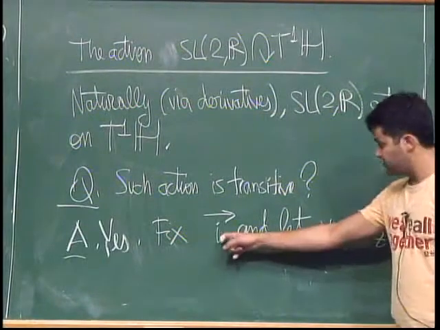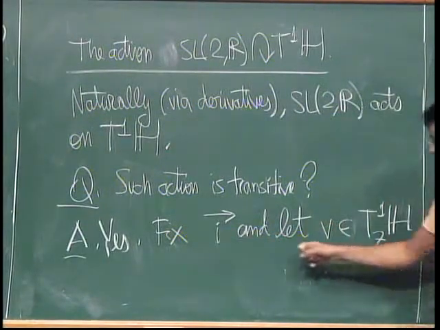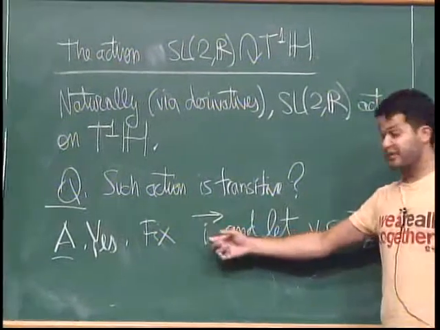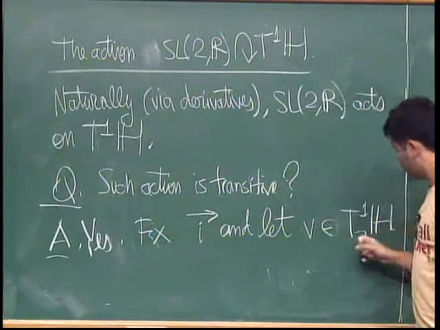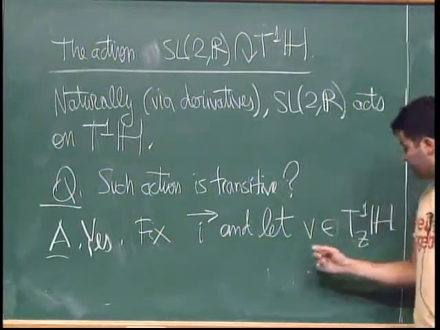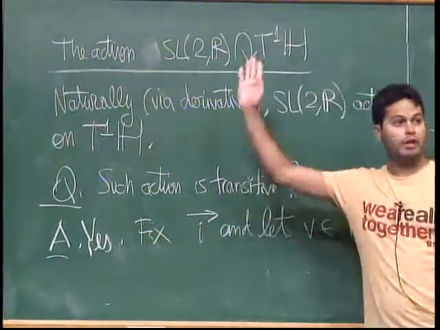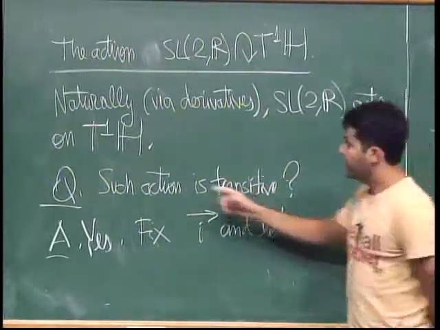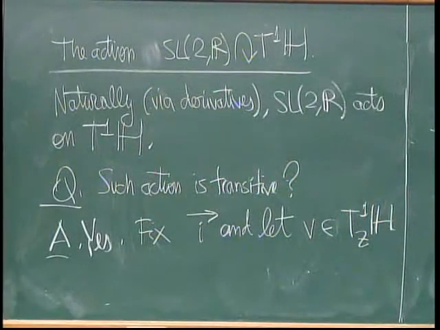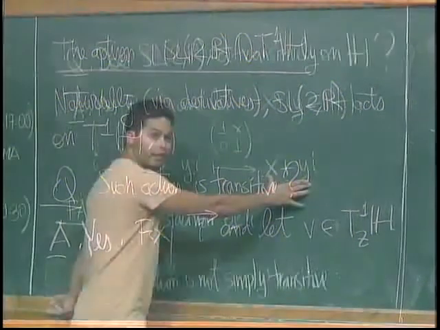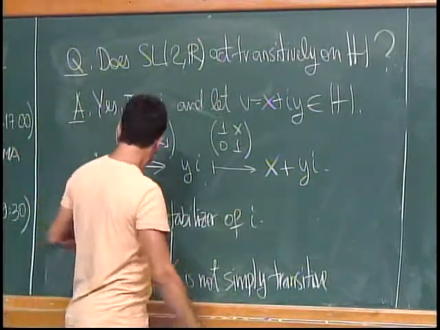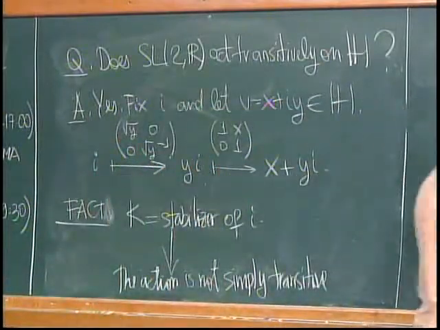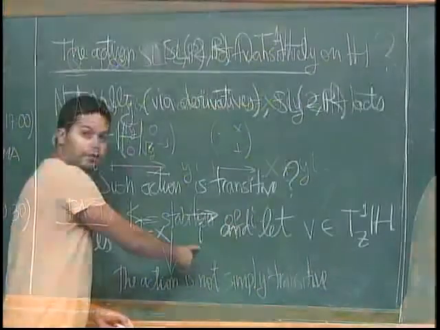First of all, to send V to this guy here, we have to send Z to I. And of course, we have to send the vector itself to the vector pointing upwards. We know by this question here that we can send I to anything, and reversely, you can send anything to I. So there is a composition of these transformations that sends Z to the base point I here.